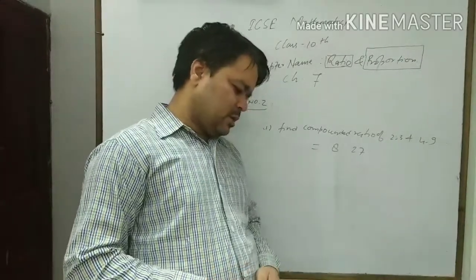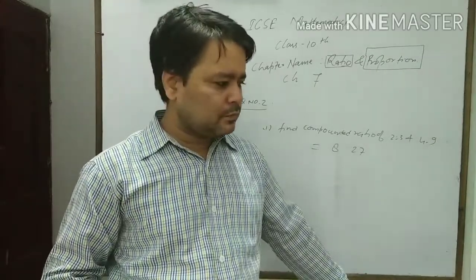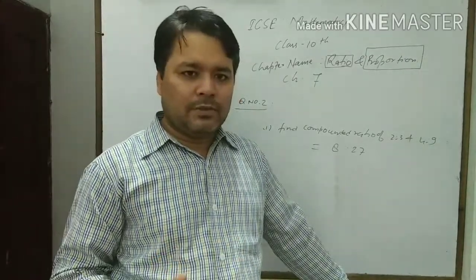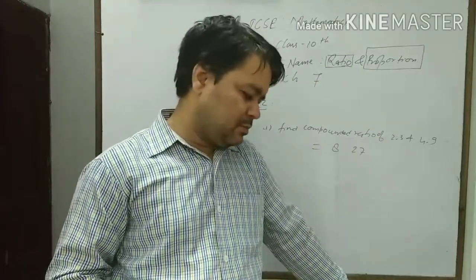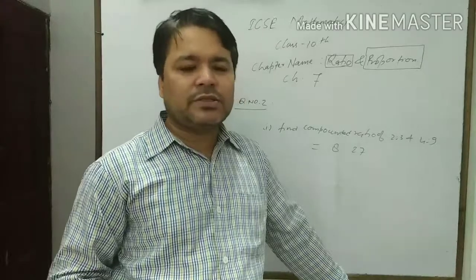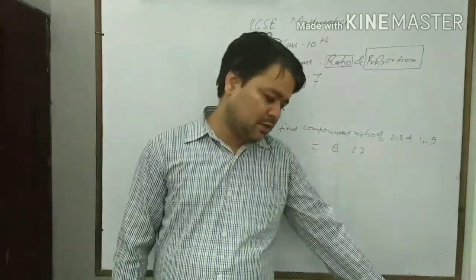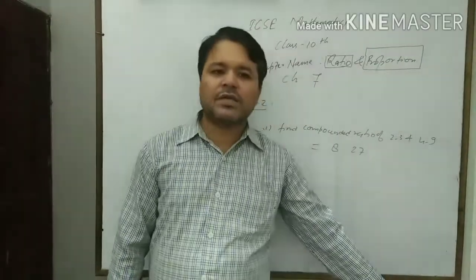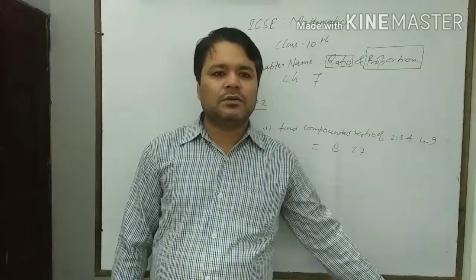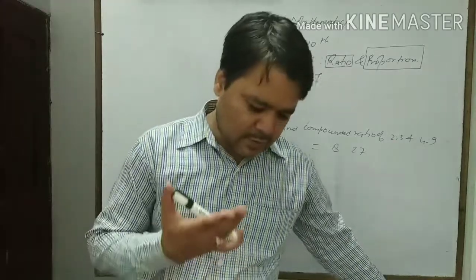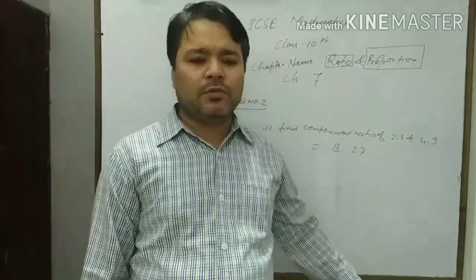Okay. Now, I hope all the students have completed up to chapter 6, and now they will start the new exercise, that is 7.1. But it's my suggestion that before starting exercise 7.1, you should write the terms related to ratio and proportion.